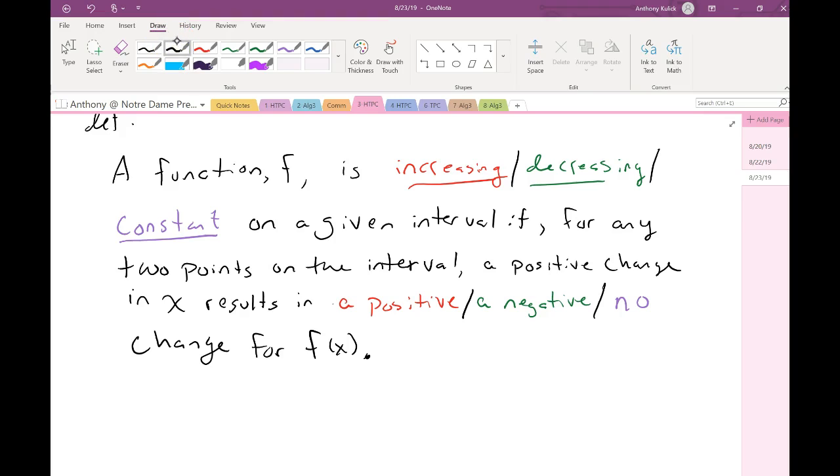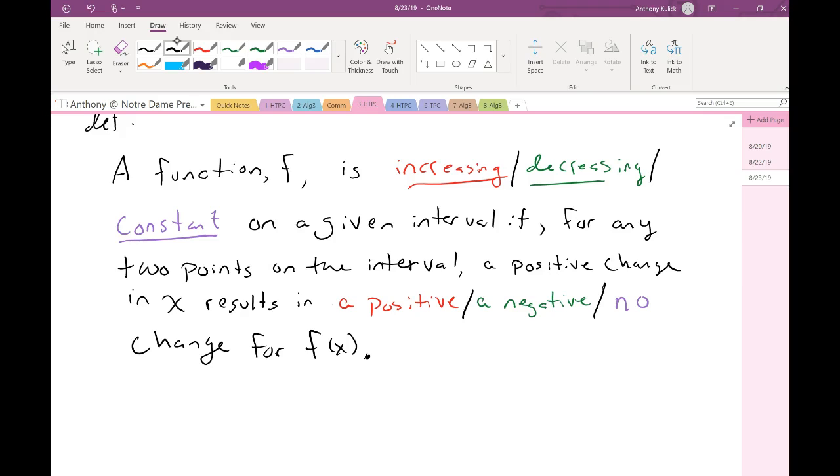We like cooking up symbols and little notations, little tricks to avoid having to write a lot of stuff down. So what is this really saying? It's saying that if I take some section of my graph, and if I pick any 2 points from that section and calculate the slope between those 2 points, if the slope is always positive, the graph is increasing. If the slope is always negative, it's decreasing. And if the slope is always 0, it's constant.